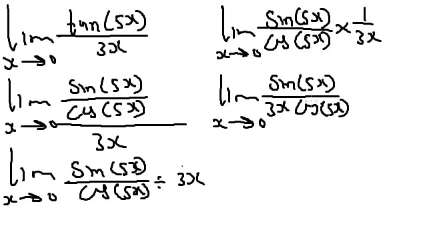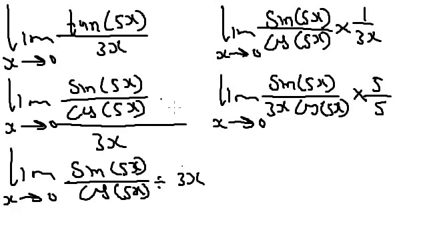Now the goal is to make the denominator of this sine 5x to be 5x. We have x already, we only need 5. So let's multiply both the top and bottom by 5 over 5. So now we can switch the position of the cosine 5x and the 3, and replace it with 5.